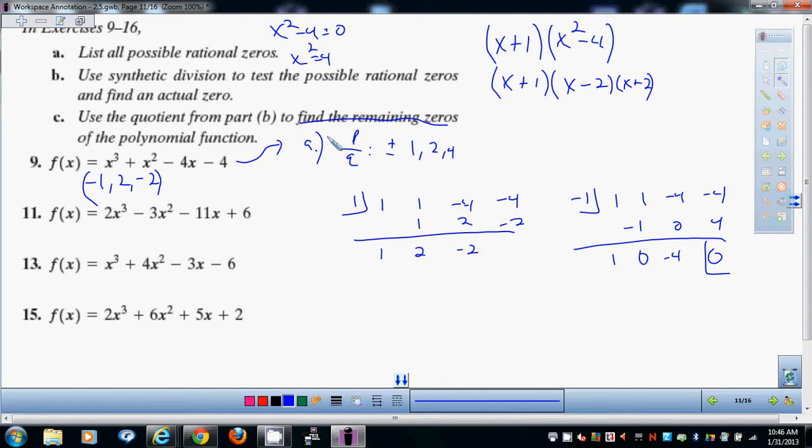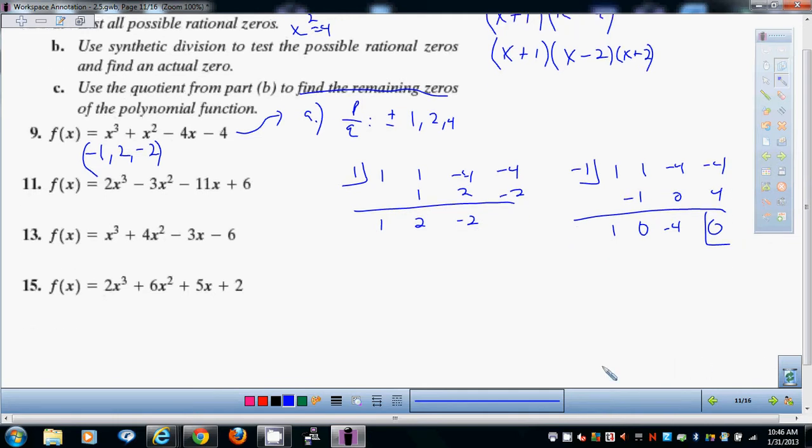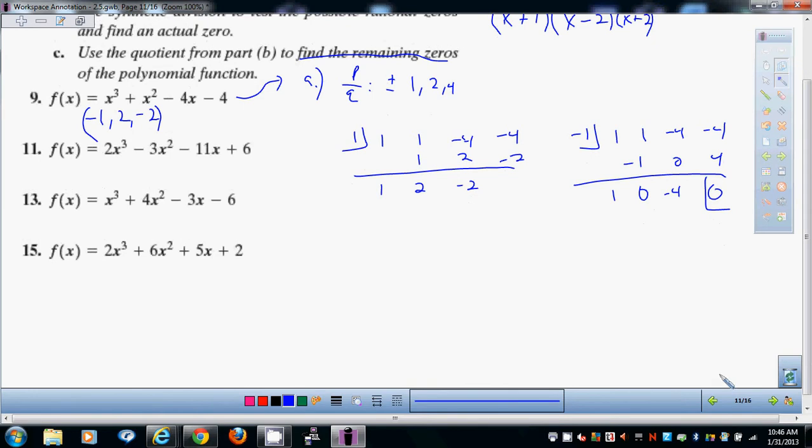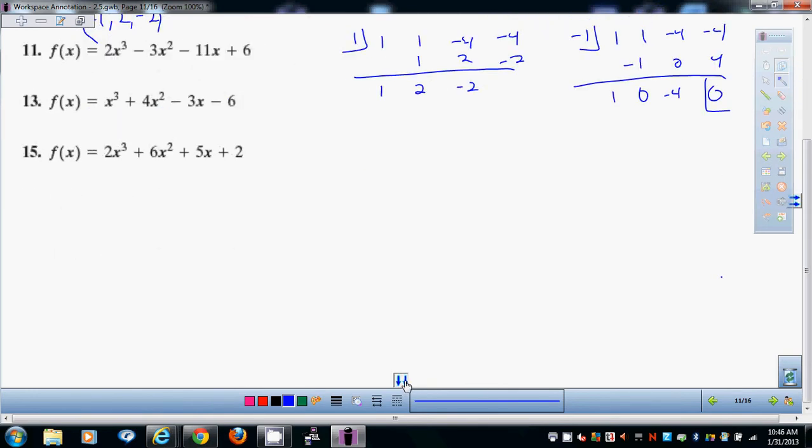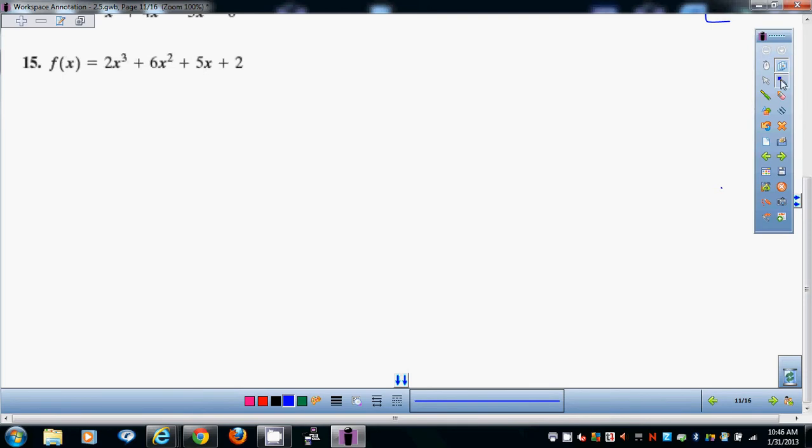Let's look at 11 or 15. Pick one. 15. Let's use one without a 1 as a leading coefficient, because those are the harder ones. Yes, you can. Go. I'll work it behind the screen where you can't see it. Yes, I can. Yeah.